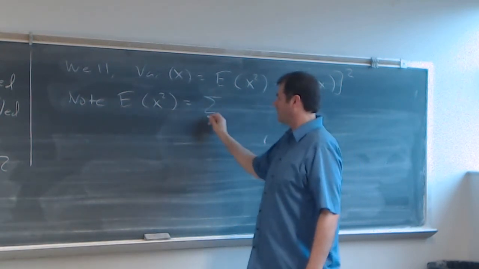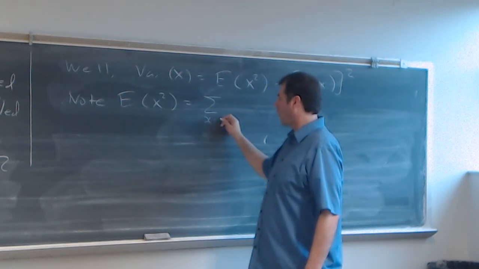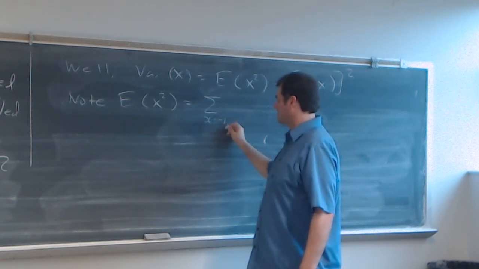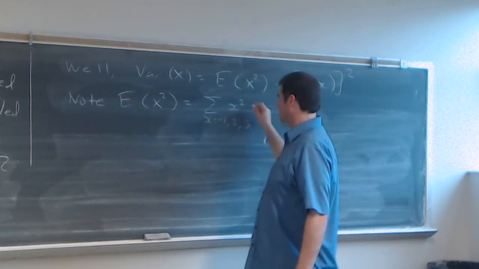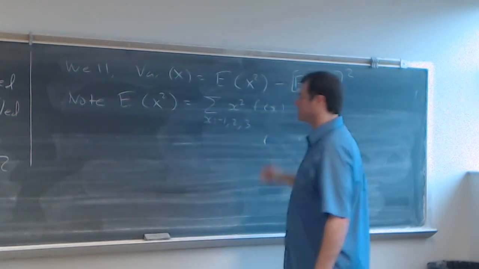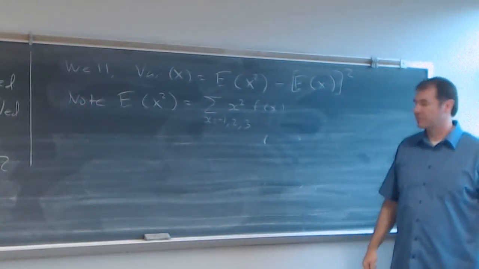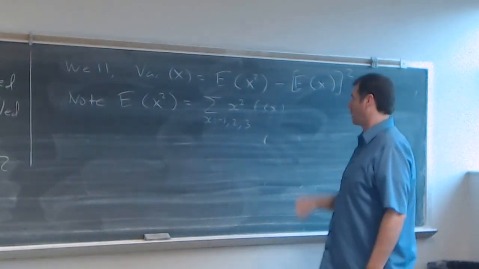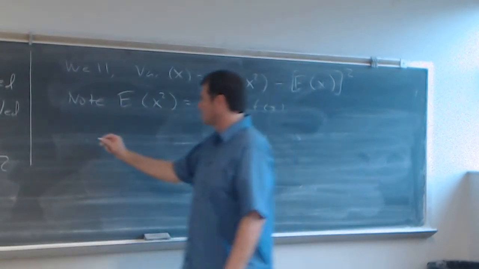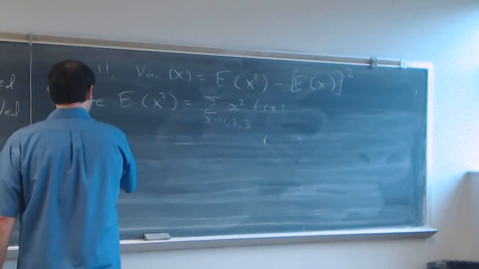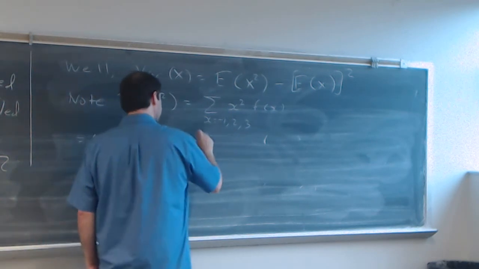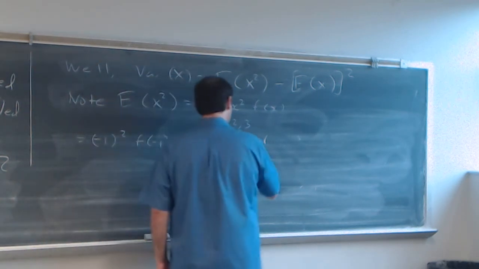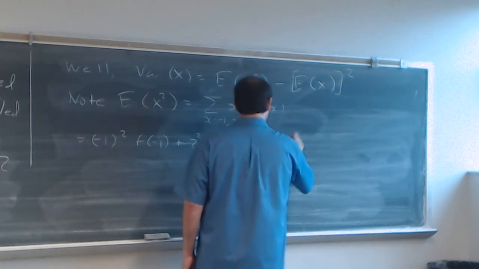And so for a discrete random variable, we have a formula for that. That's the sum over all output values for x. So that's -1, 2, 3. The function acting on x, so that's just x squared, times f of x, which is the PMF, probability mass function, of the random variable x. So this is equal to -1 squared f of -1 plus 2 squared f of 2 plus 3 squared f of 3.